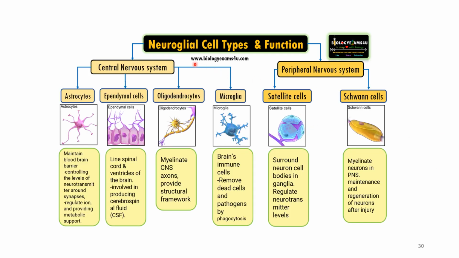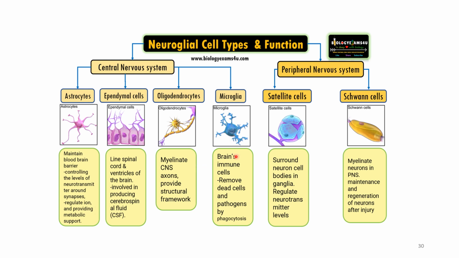Now coming to an overview of the neuroglial cell types and functions. In the central nervous system, we have astrocytes and oligodendrocytes, which are macroglia. Oligodendrocytes will form myelin. Astrocytes will maintain the blood-brain barrier, maintain the level of neurotransmitter at the synapse level, regulate ion transport and metabolism, and give metabolic support.